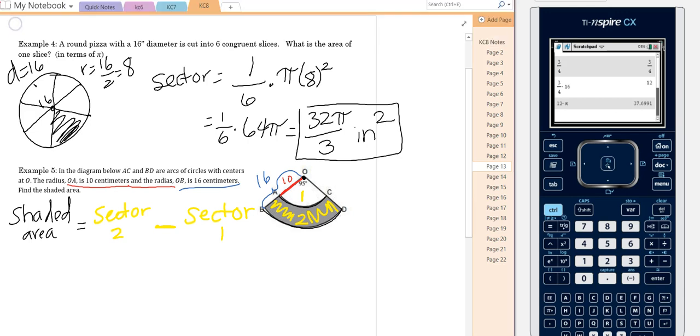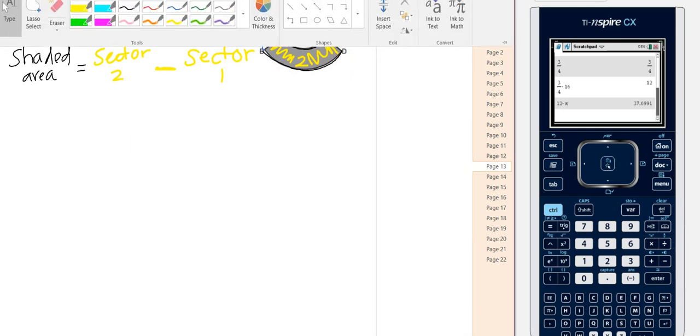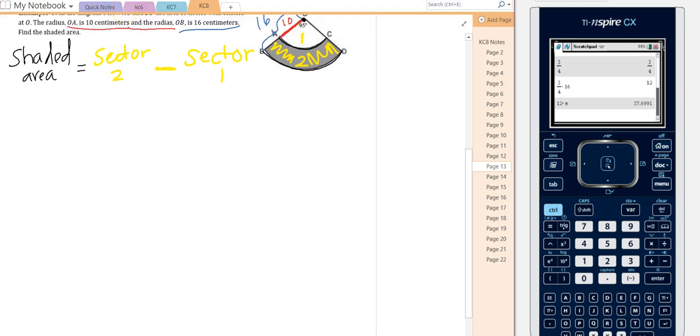I'm going to scroll this down so we have a little more room to work with. We basically have to do the sector formula two times. Looking at sector 2, we have to look at the angle. Our angle was 95 degrees. So that's 95, and again I'm only looking at sector 2.